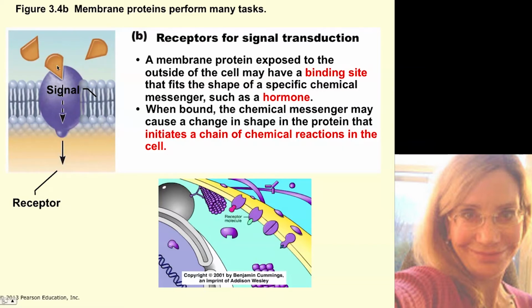When the chemical messenger is bound to that protein, it will cause the protein to change shape, and then that will initiate chemical reactions inside the cell, basically transducing a signal from receiving this messenger that binds to this protein, and then will transfer that information to the inside of the cell that will cause changes inside the cell.